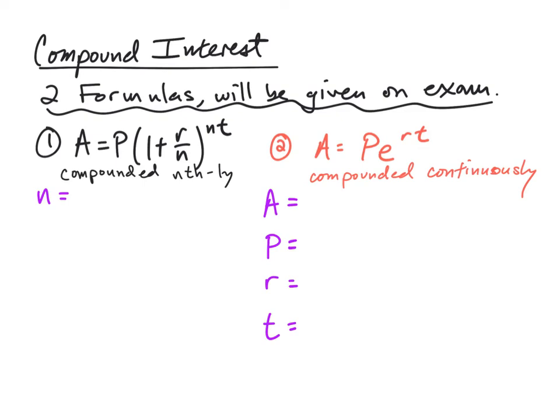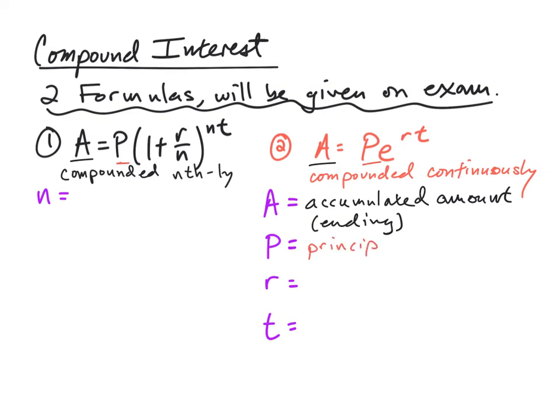So what are the differences between these here? A is common in both equations. There's A, there's A. That is what we call the accumulated amount, aka the ending amount. P, which you can see is in both equations, is what we call the principal or the beginning amount.